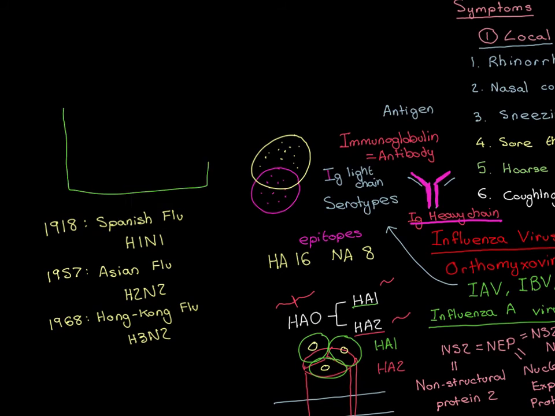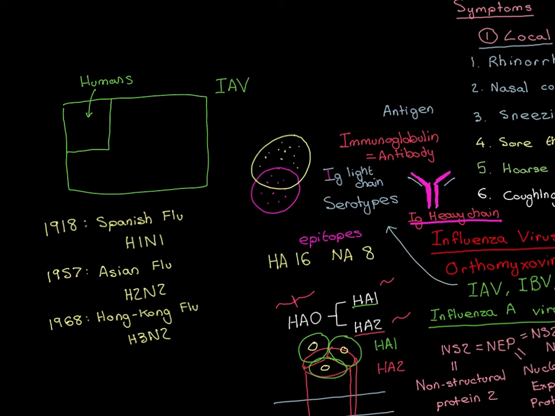If this box represents all of the influenza A viruses on the planet, let's draw the bunch that can infect humans over here. This subset of all of the influenza A viruses is the subset that can infect humans. So not all of the influenza A viruses on the planet can actually infect humans.